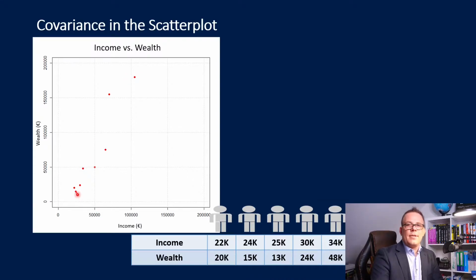And if the income is low, the wealth is rather low, or vice versa. Wealth is low, income is rather low too. So these data points, well, I don't know if they're really linear, if they're all on one line. But seemingly they are positively correlated.